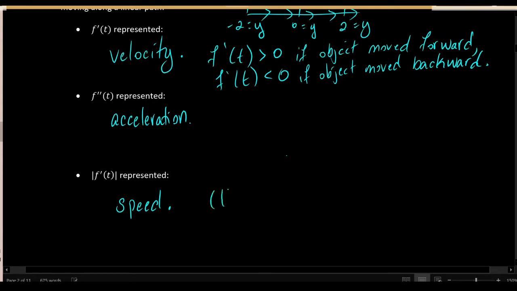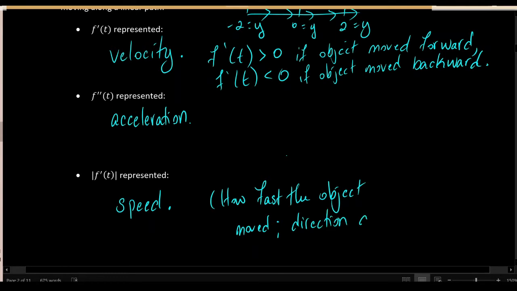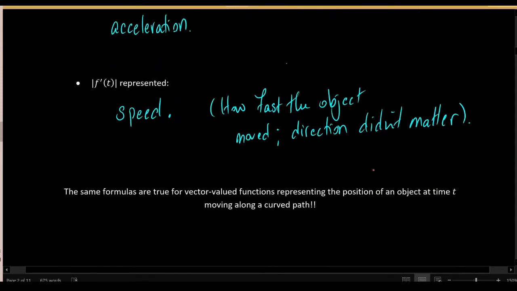Speed is how fast the object moved; the direction in which it was moving didn't matter. Direction matters for velocity. Direction doesn't matter for speed. Speed is how fast the object is moving independent of its direction.